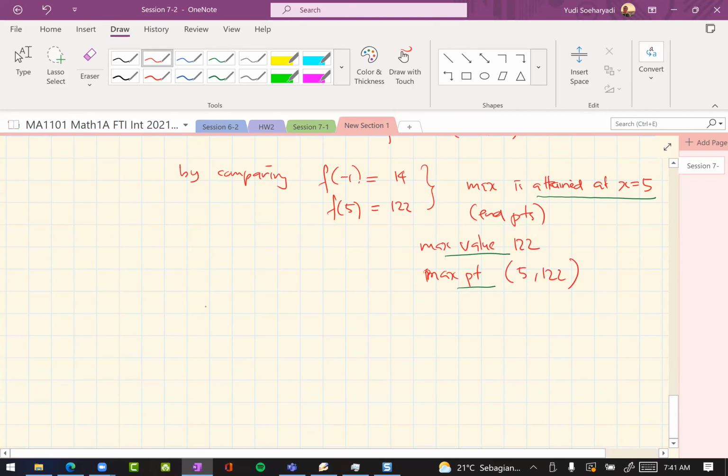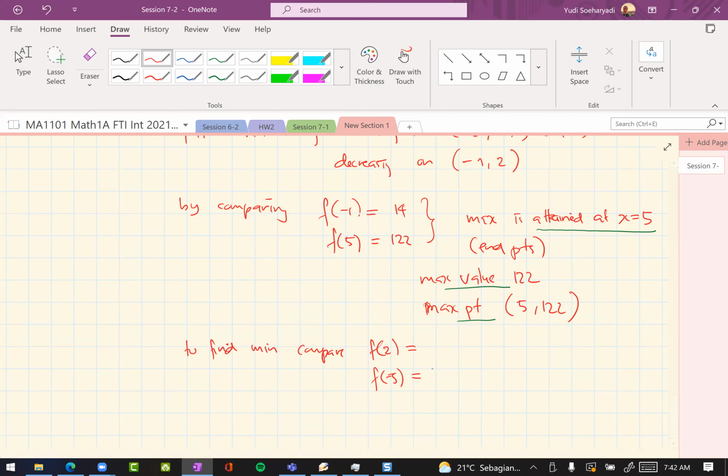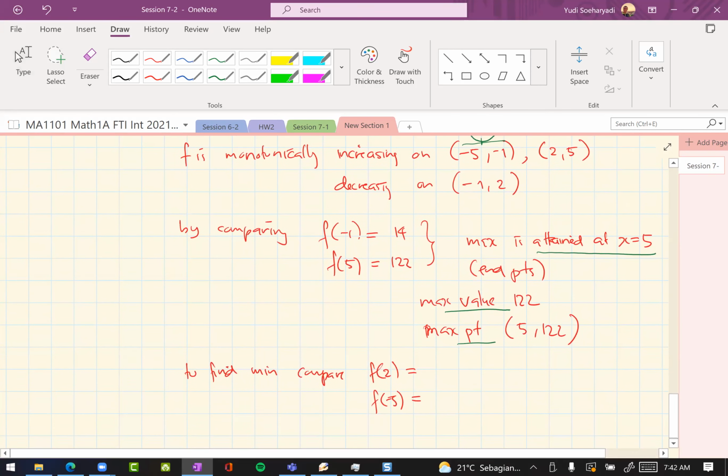Next, to find the min. If you plug in 2, what do you get? 2 and -5. Let's go back to this function.